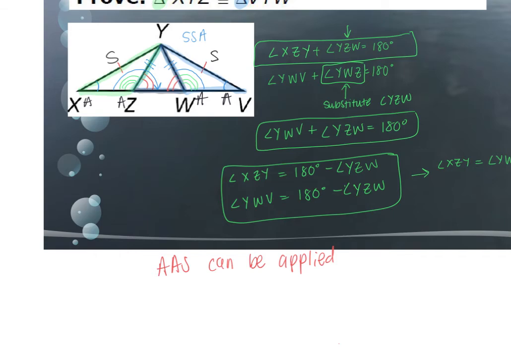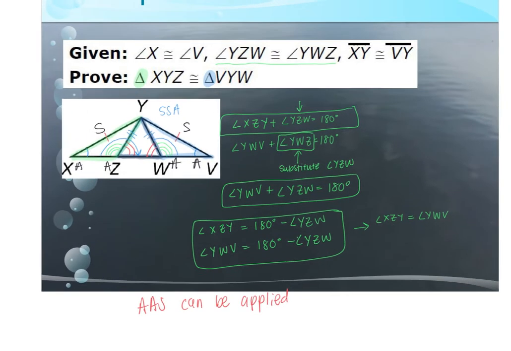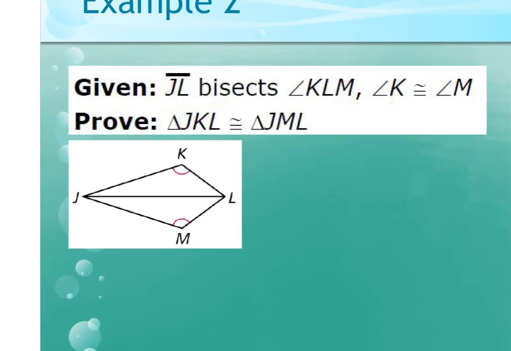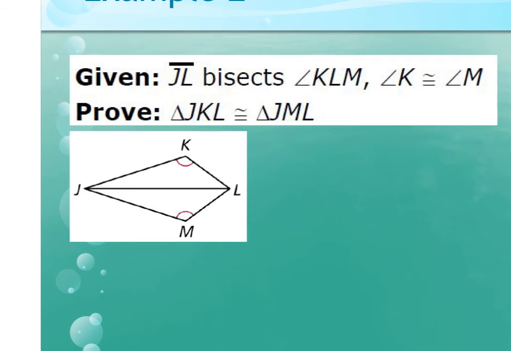Okay, let's try another one. We are given that JL, which is this line segment right here, bisects the angle KLM.